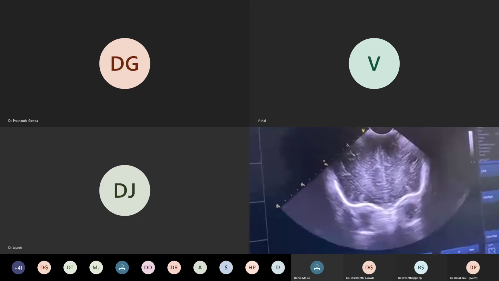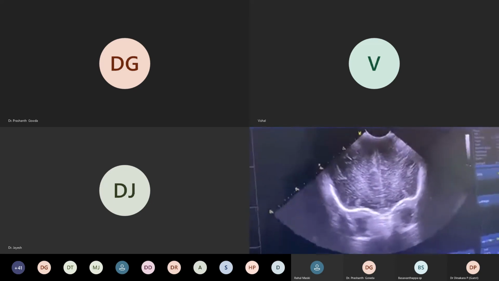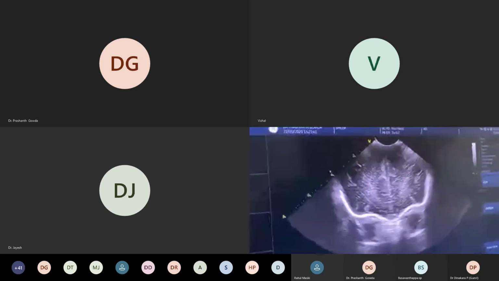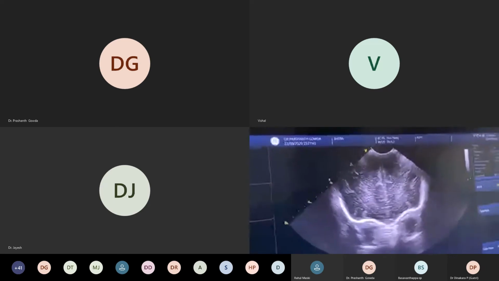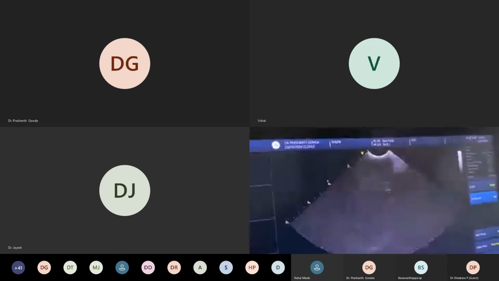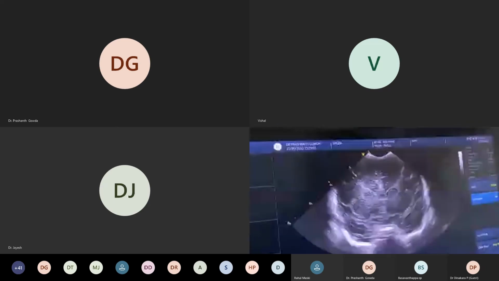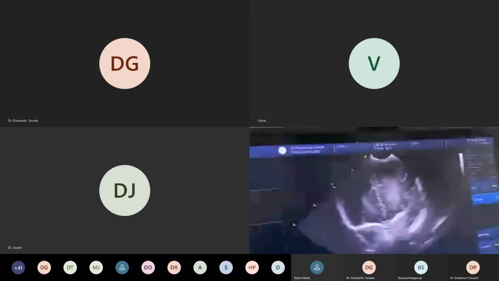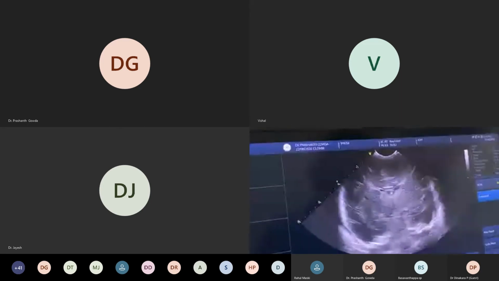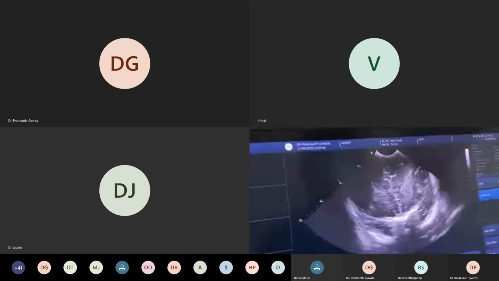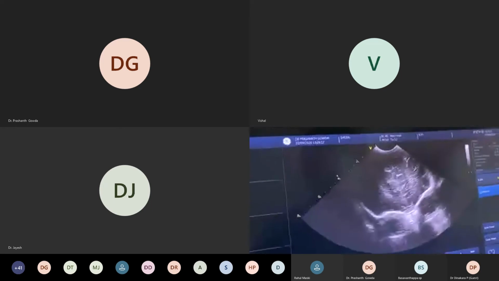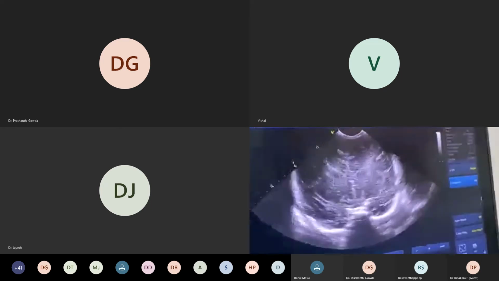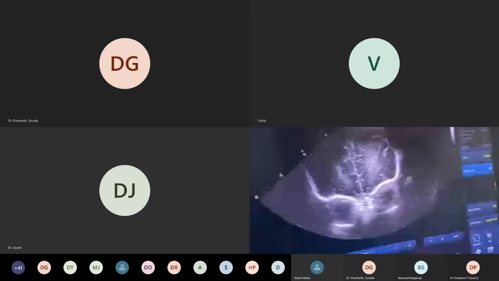So in a similar thing, same position. Now I'm going to unfreeze. So this we saw. This is the first image we got. Try to make it in the center. Yeah.